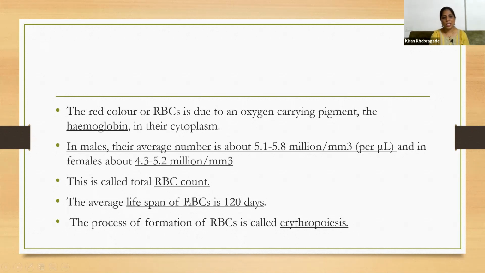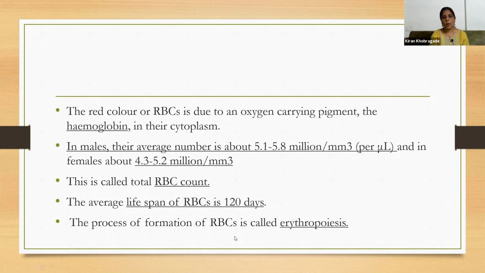Now the average lifespan of RBC is 120 days. Why is it always specifically 120 days? Because RBC cells never divide like other cells. Other cells keep on dividing. But RBC cells have a lifespan of only 120 days.